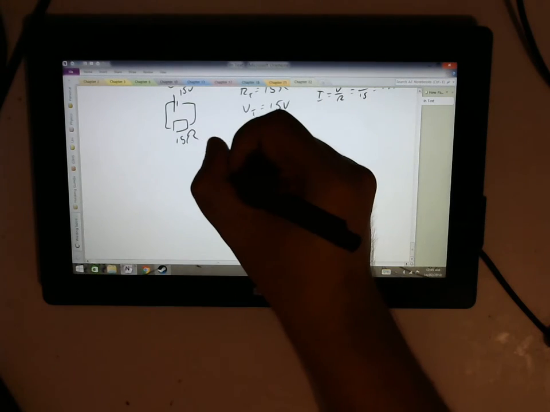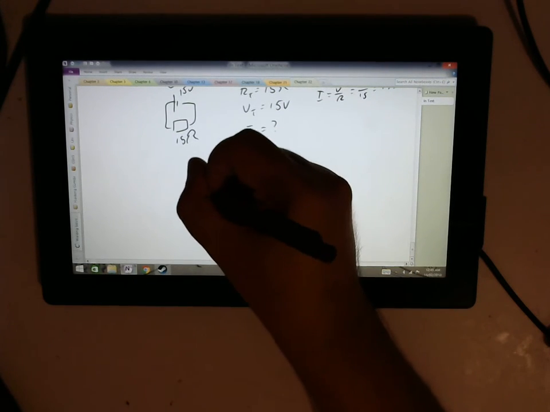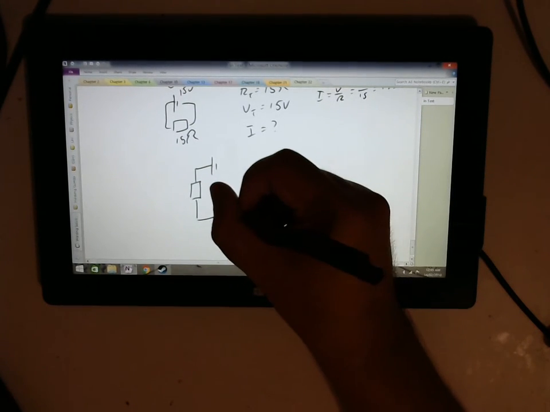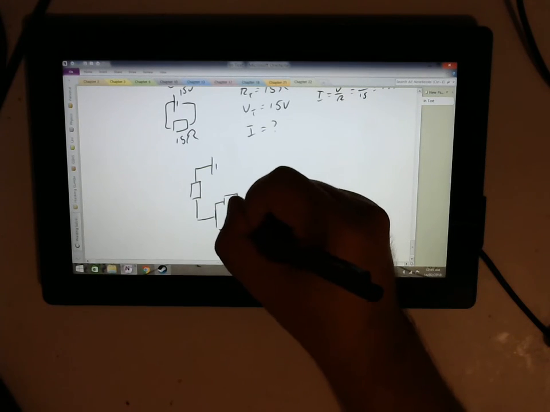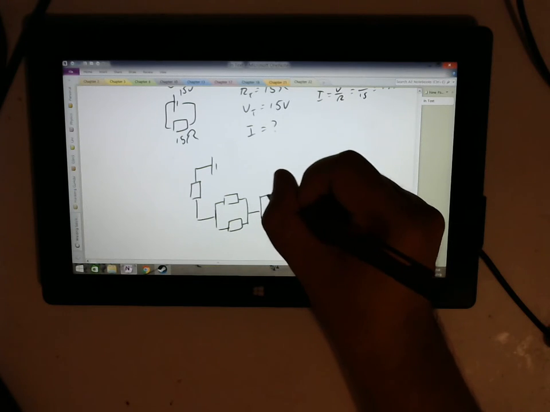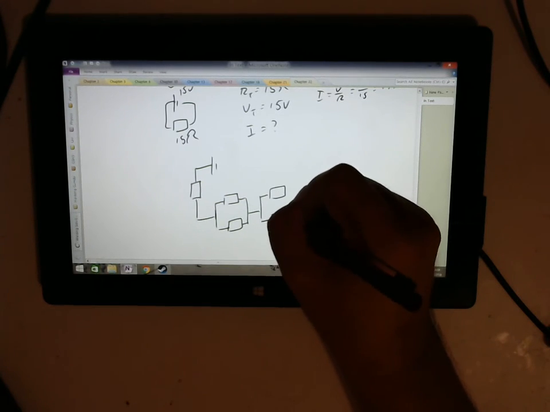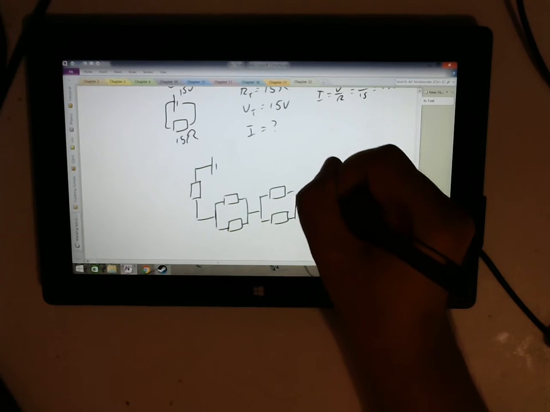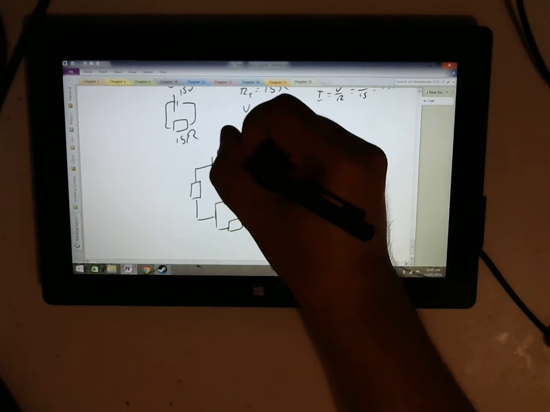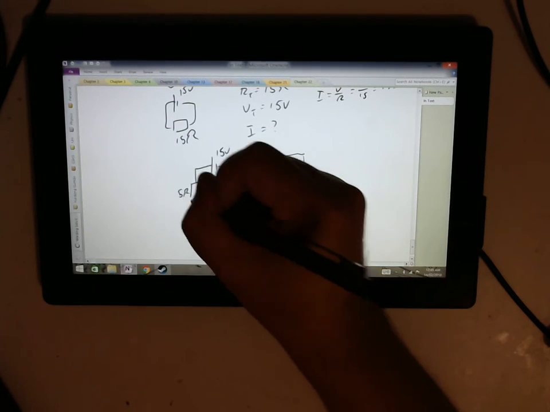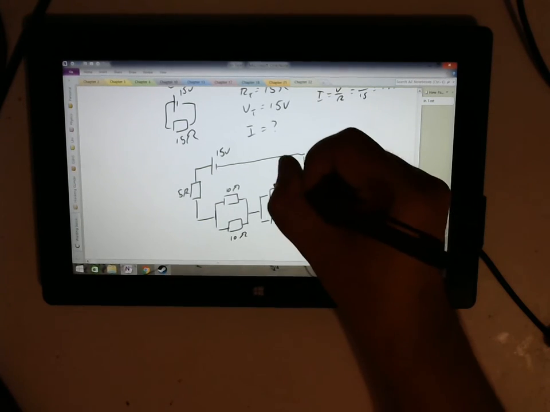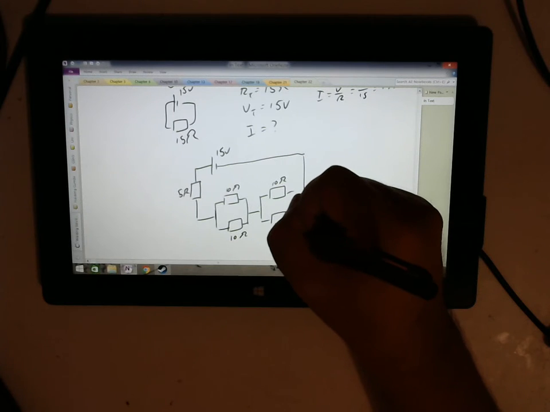Let's draw that again a bit better. 15 volts, 5 ohms, 10 ohms, 10 ohms, 10 ohms, 10 ohms.